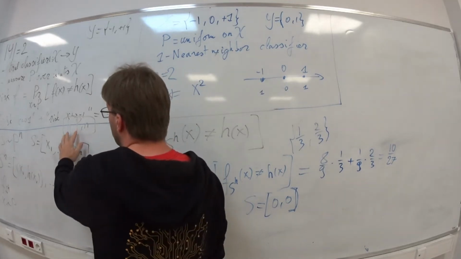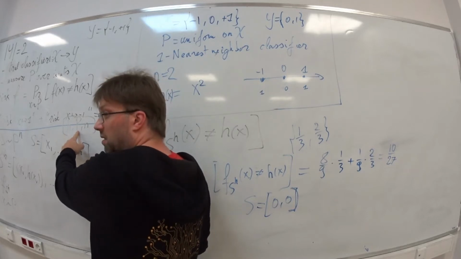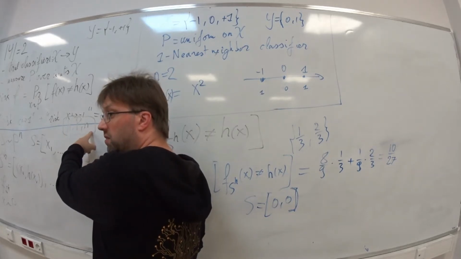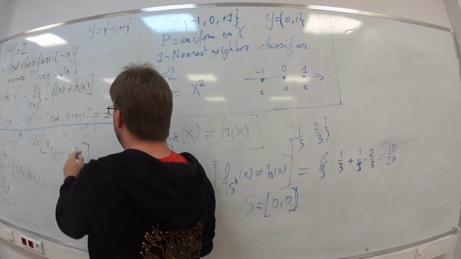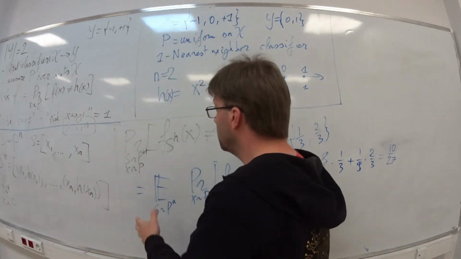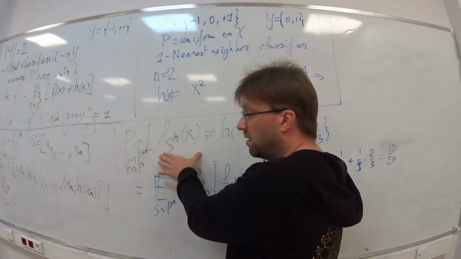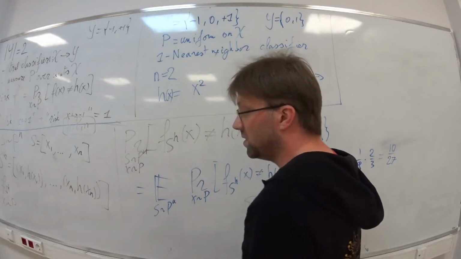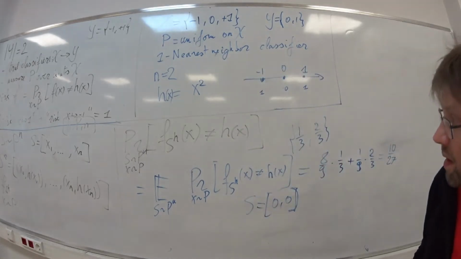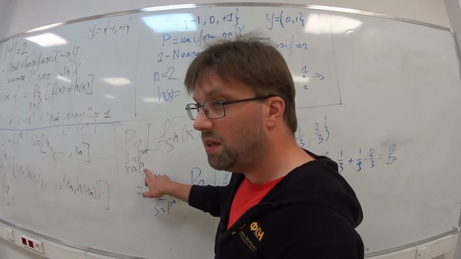But now what if we want a definition that does not depend on H and P, but maybe on N, the size of the training set? What can we do? We are interested in a worst case performance bound, so let us take the supremum over all H and all P.